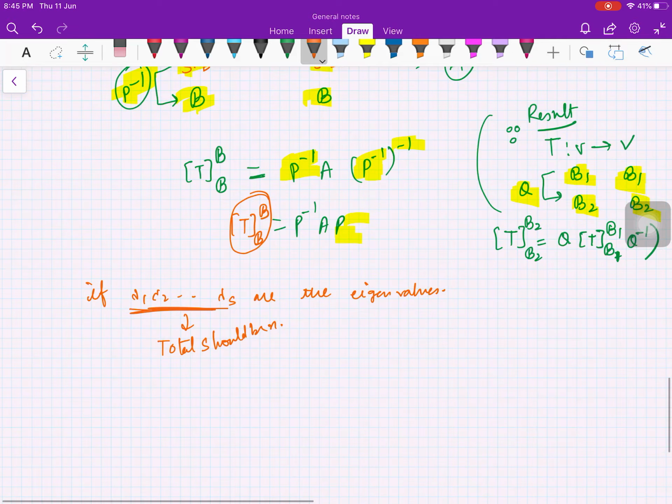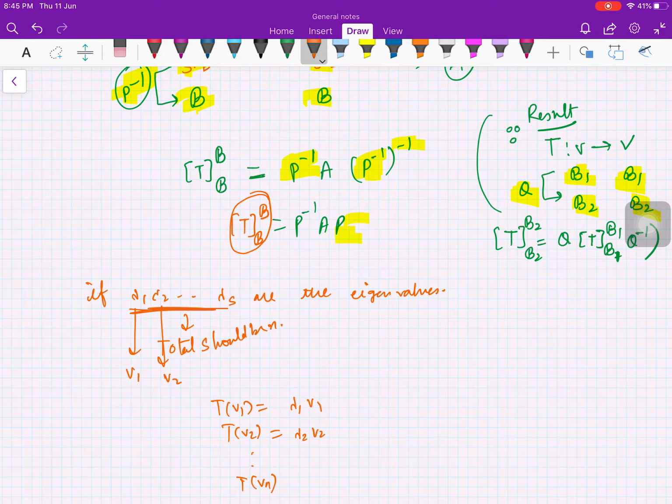Then if v1 is the eigenvector corresponding to lambda 1, and v2 is an eigenvector corresponding to lambda 2, then T of v1 will be lambda 1 v1, T of v2 will be lambda 2 v2, and so on.